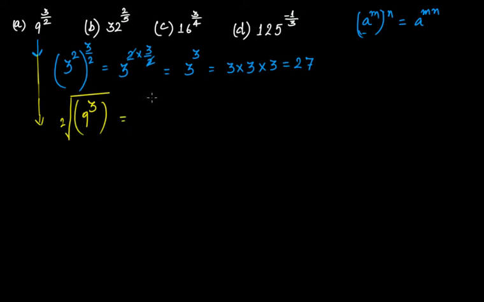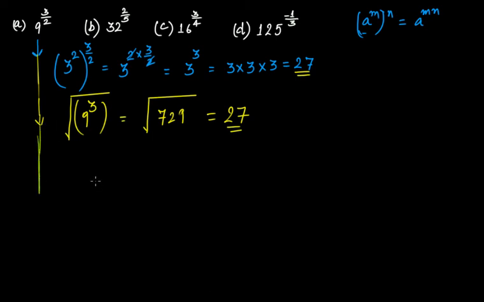So this is actually square root of 9 times 9 is 81, times 9 is 729. Yes, 729. Now the square root of 729 is actually what? 27. It's exactly the same.